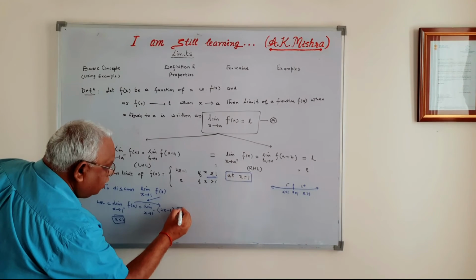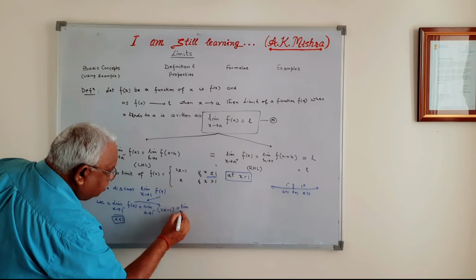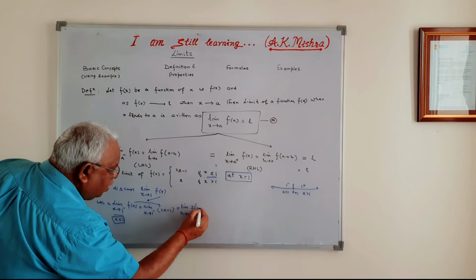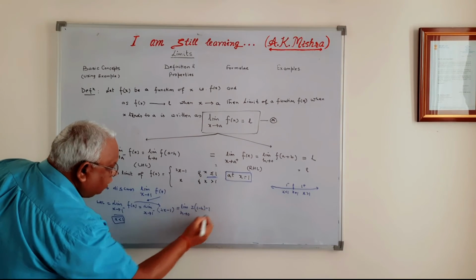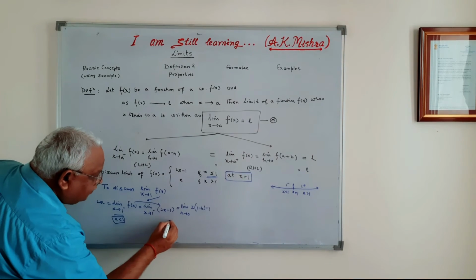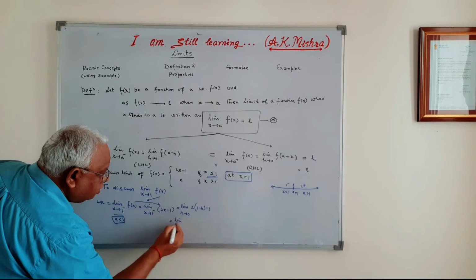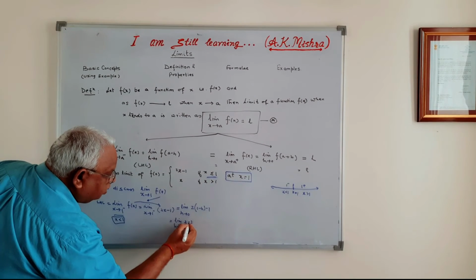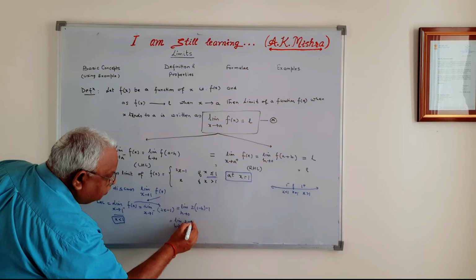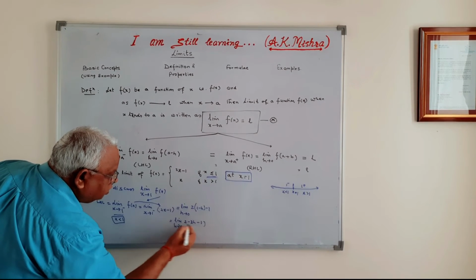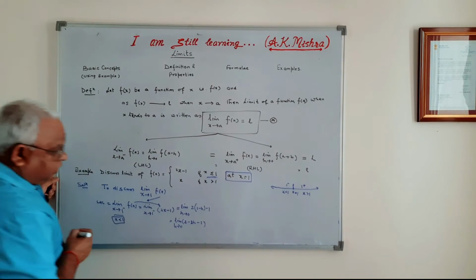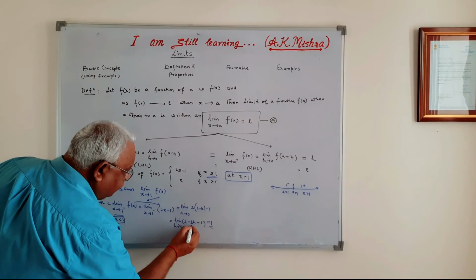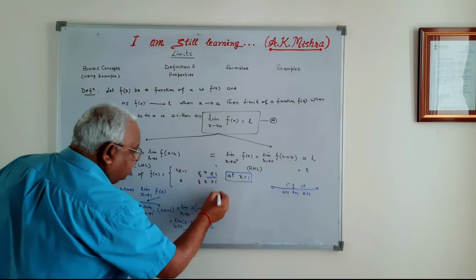And this can be further written as limit h tending to 0 twice of (1 minus h) minus 1, which can be written as limit h tending to 0 of 2 minus 2h minus 1, which after taking the limit h tending to 0, 2 minus 1 is 1.